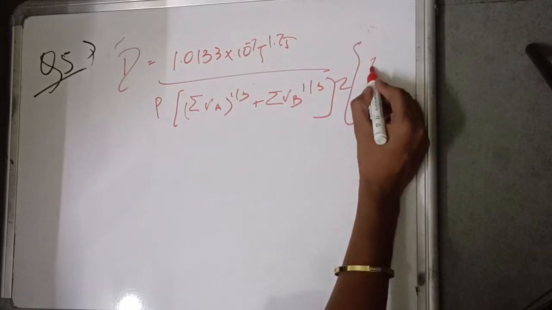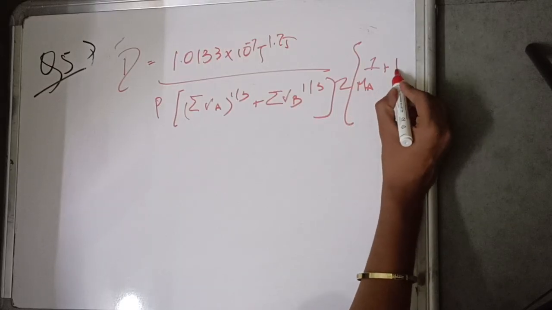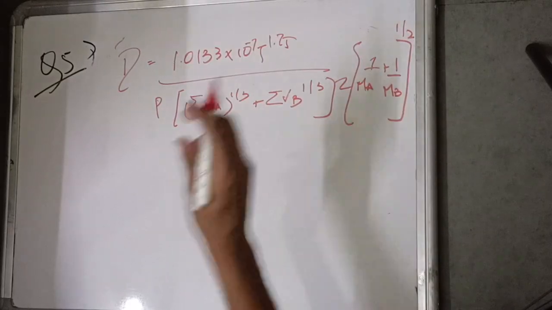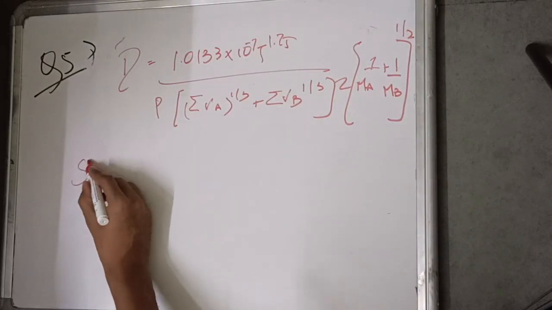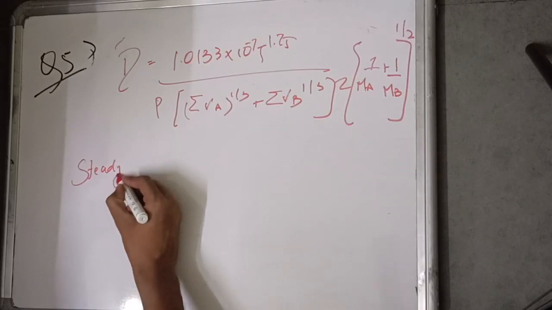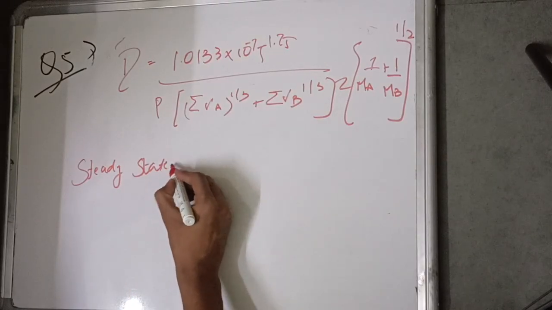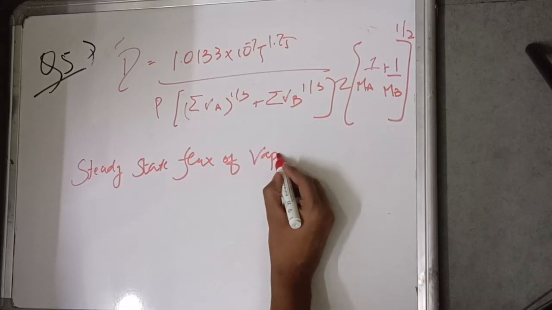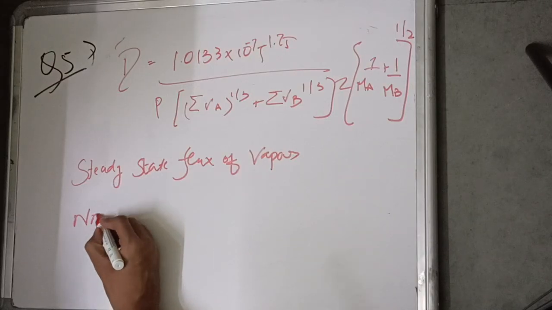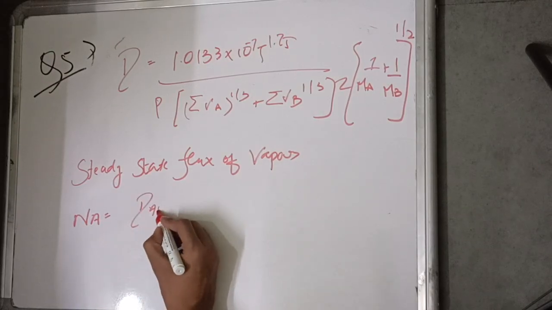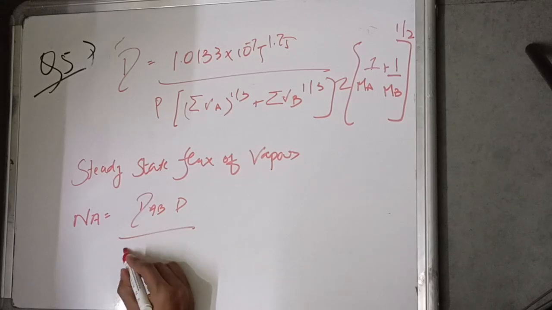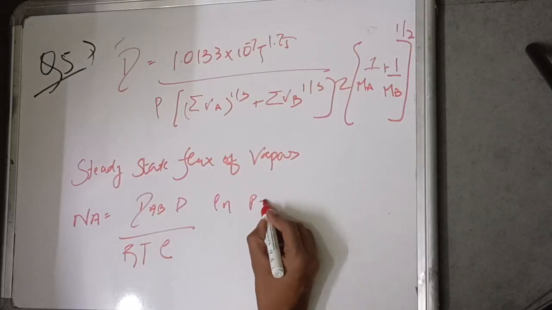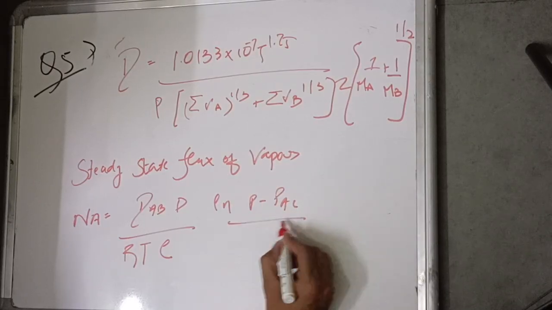We have to put all the values in this formula to get the steady state flux of water vapor. We know the value of steady state flux is given by diffusivity, pressure, Rydberg constant, temperature, and the length, with this ln term.